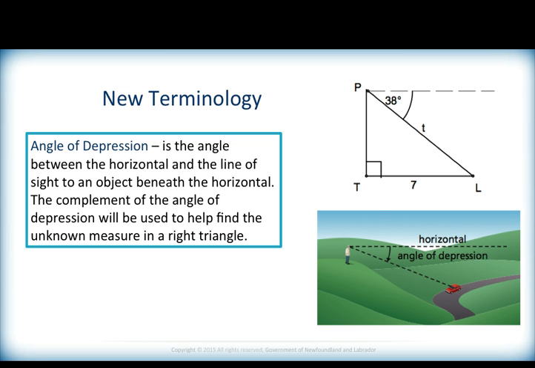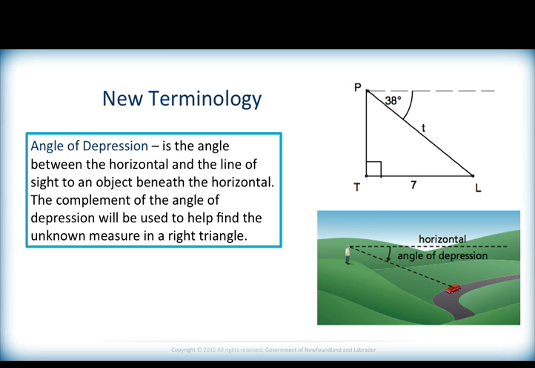If you look at the question above that, in the example of the triangle, we have an angle of depression of 38 degrees. Let's say for an example that we want to find the angle TPL.